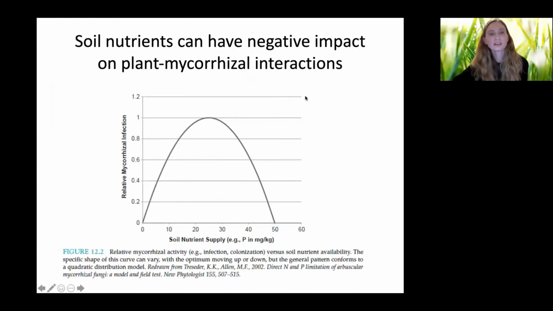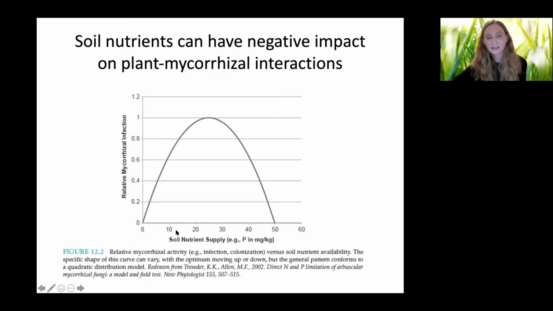We also know that soil nutrients can have a negative impact on plant microbe interactions, plant mycorrhizal interactions. And this is important because a lot of these restorations are done in former agricultural land where they've had years of fertilizer applications. So here is increasing soil nutrient supply, so increasing phosphorus in the soil, and this is mycorrhizal colonization in roots.